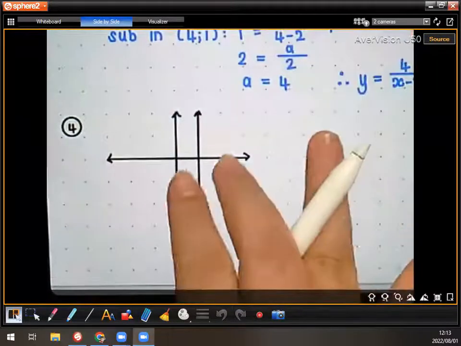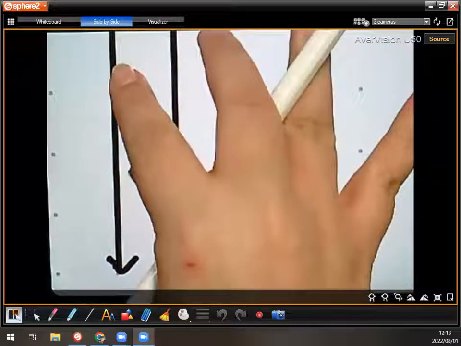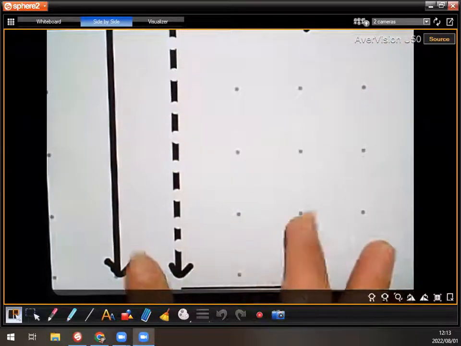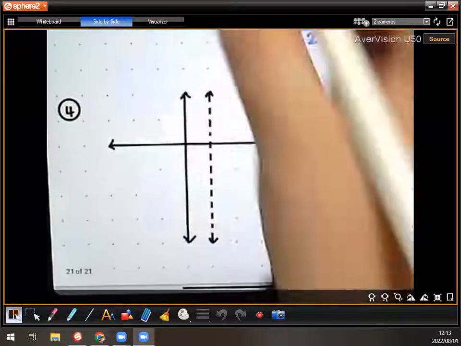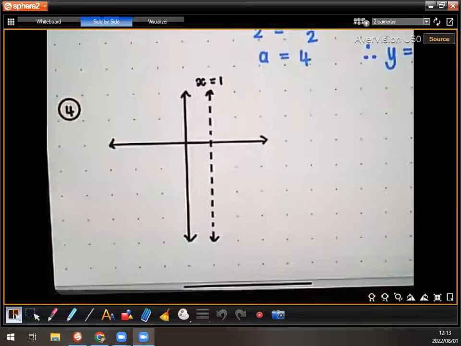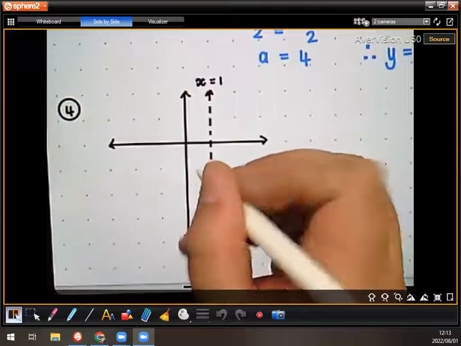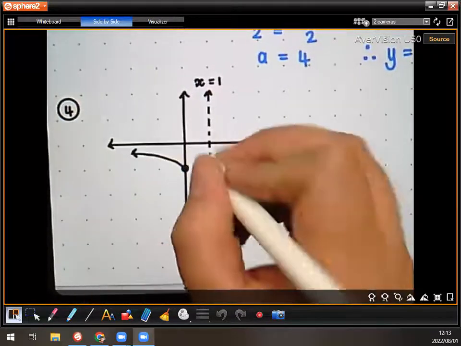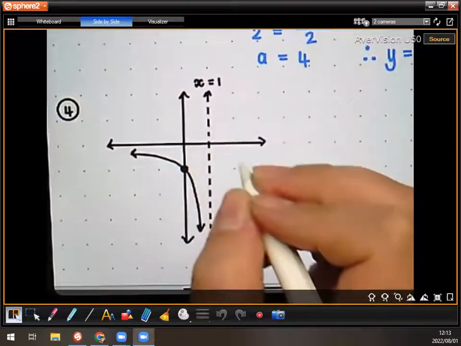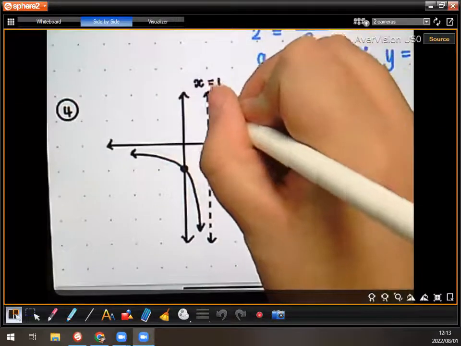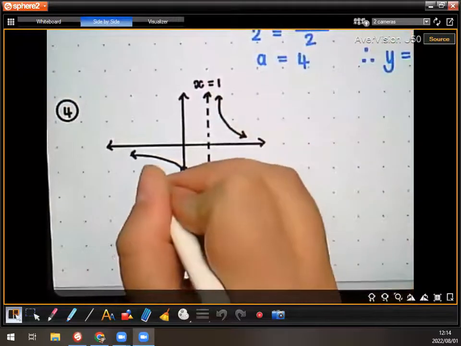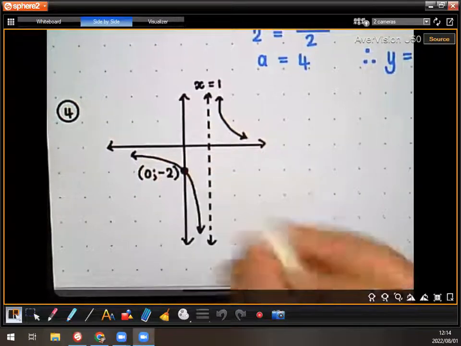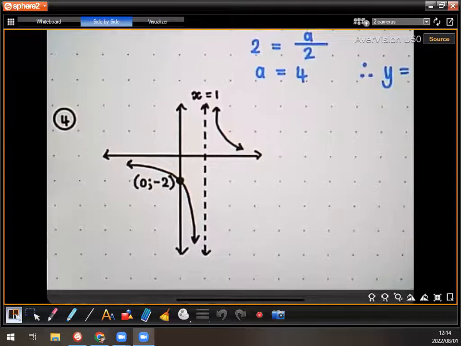So that is the asymptote. Okay, that's the graph side. We can copy that down.